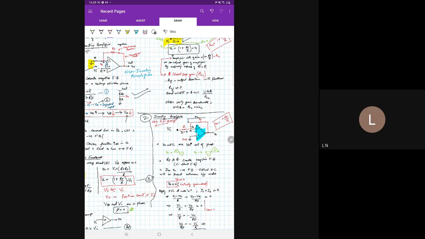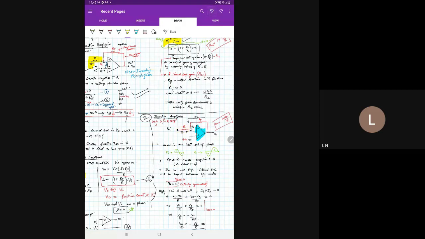We have an operational amplifier here, in the non-inverting amplifier as well. We also have a feedback resistor, and we also have the output here. So the circuits are quite similar. Then you have the input resistance here, okay.